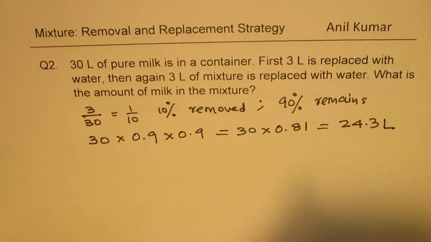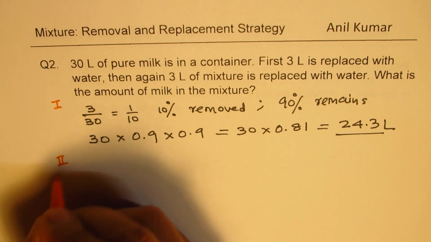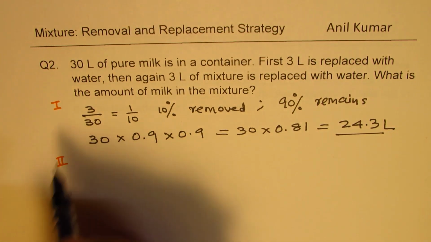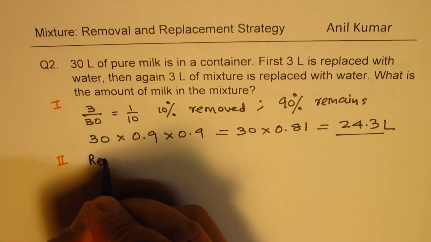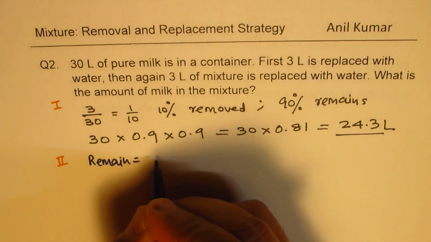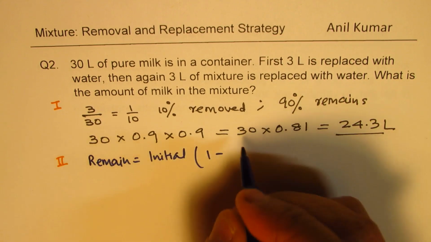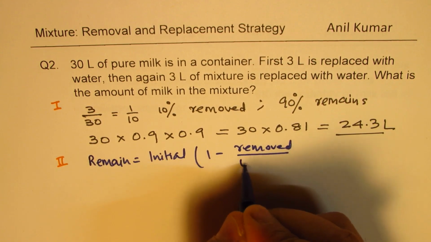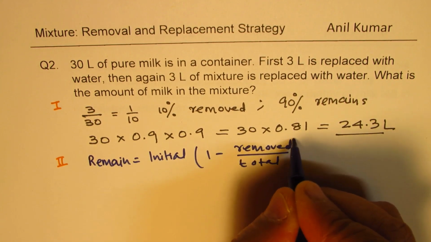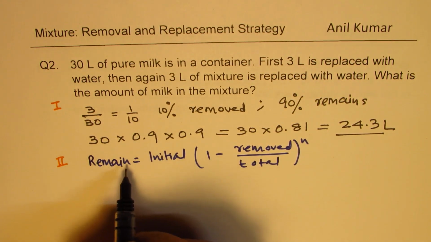So that much remains. Now this is your first method. You can adopt the second method, which is the straight formula. The formula here is what remains is equal to what you start with, initial, times 1 minus removed over total, to the power of the number of times. Here we need to find what remains.